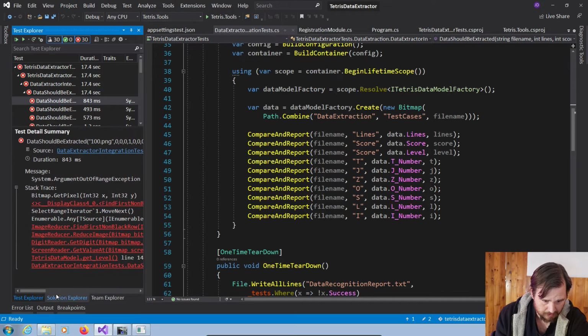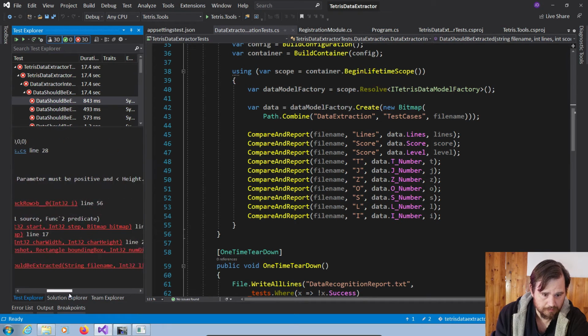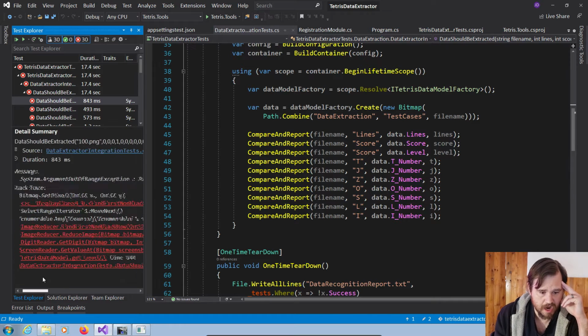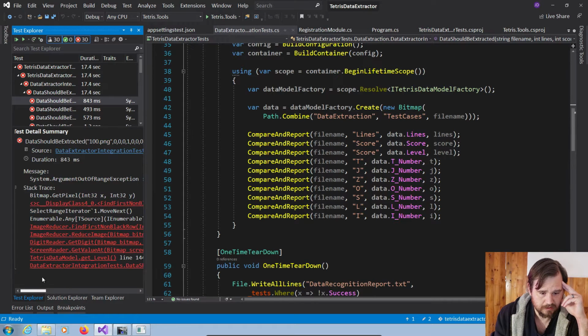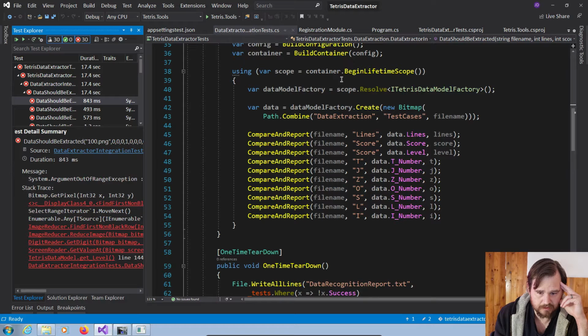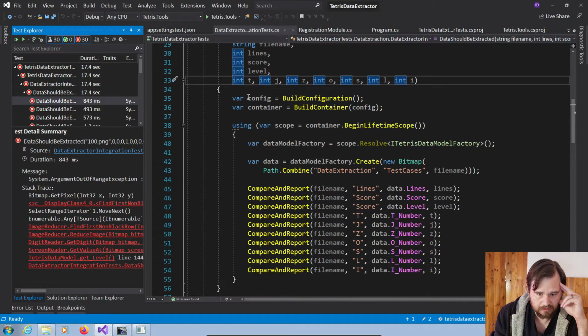What's the problem here? Argument parameter must be positive and less than height. What? That is very curious. Okay. Well, I don't know what's going on.